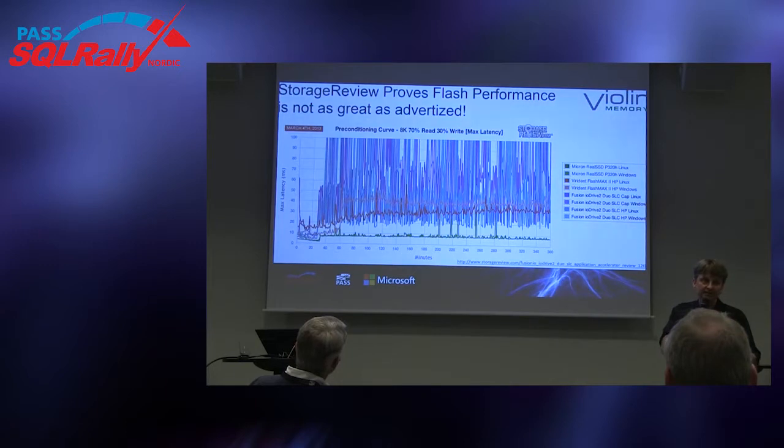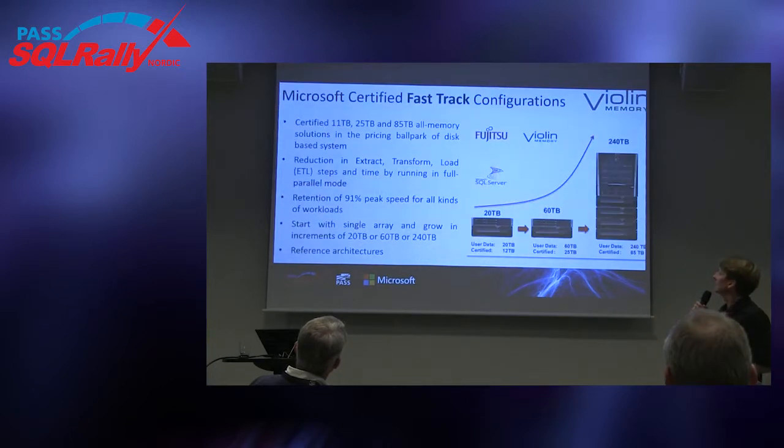Not very fast compared to a disk, but still okay. But then this happens. Latency goes up here. And this is an average database load, 70% read, 30% write. You see latency, some of them are peaking above 100 milliseconds. And that's not very good. So you need a very low sustained latency. We are measured in microseconds, not milliseconds.